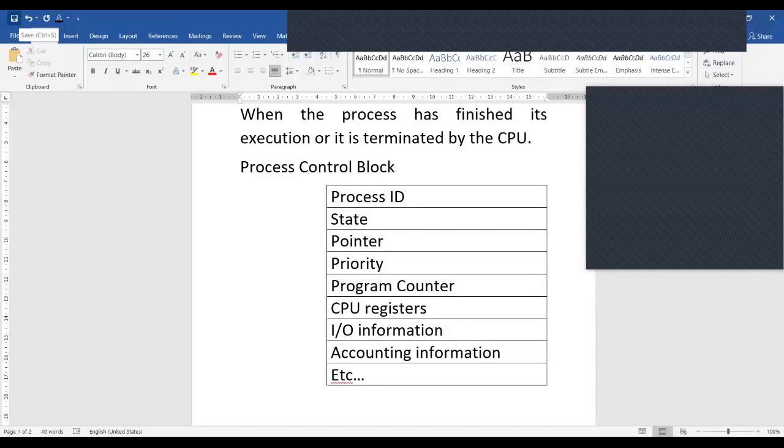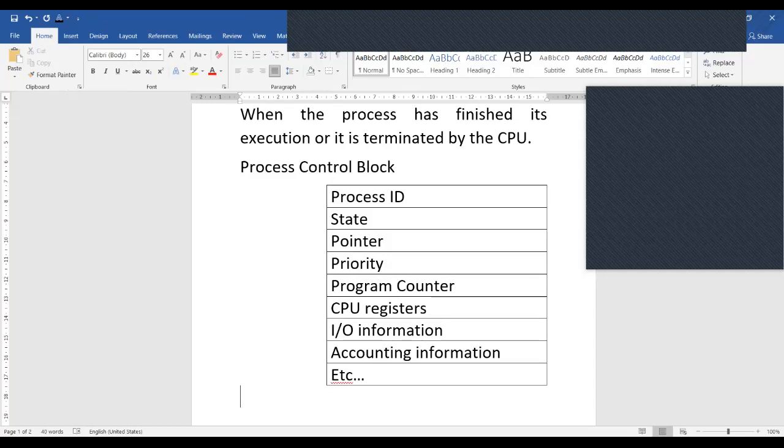Now, let us look into the architecture of PCB. The architecture of PCB is completely dependent on the operating system and may contain different information in different operating systems.